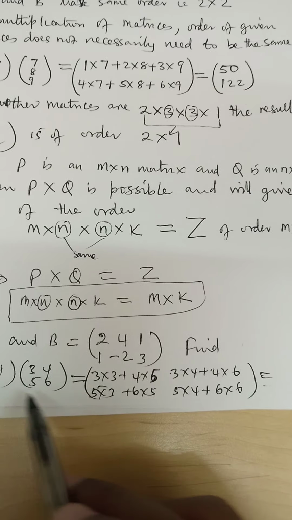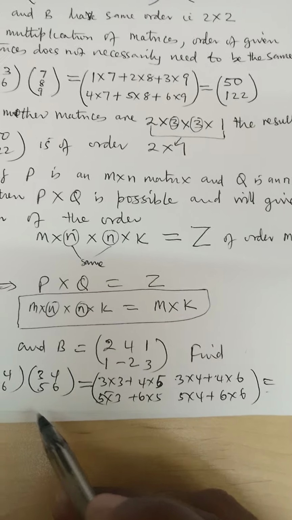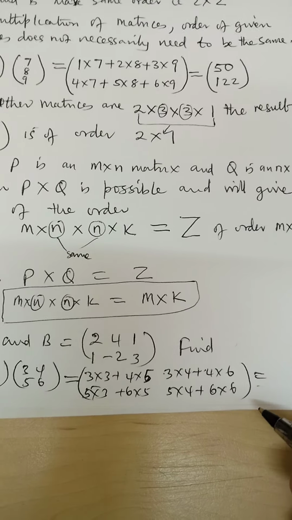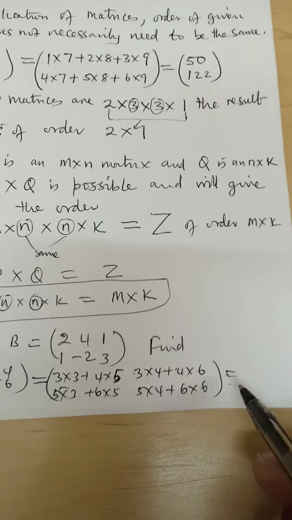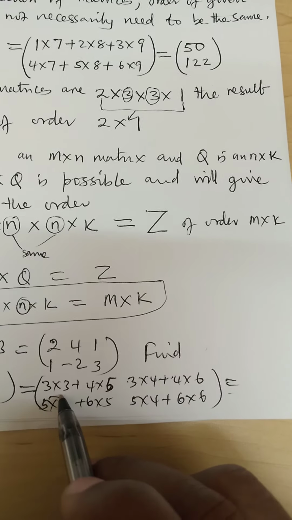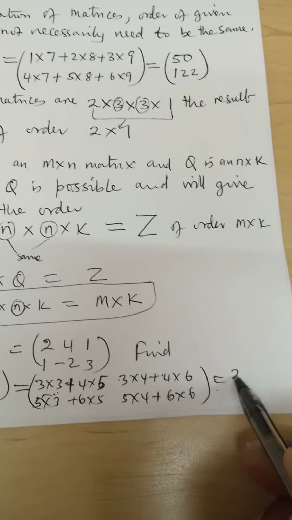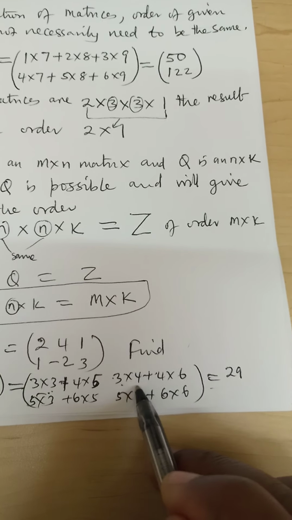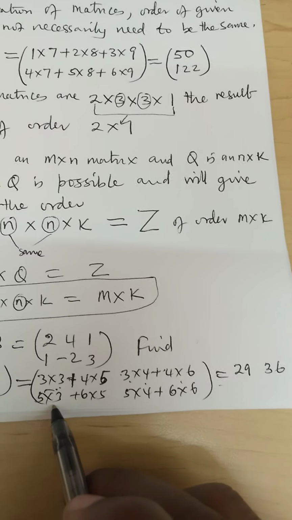This is a 2 by 2 times a 2 by 2, which will give us a 2 by 2 final answer. This is 9 plus 20, which is 29. This is 12 plus 24, which is 36.